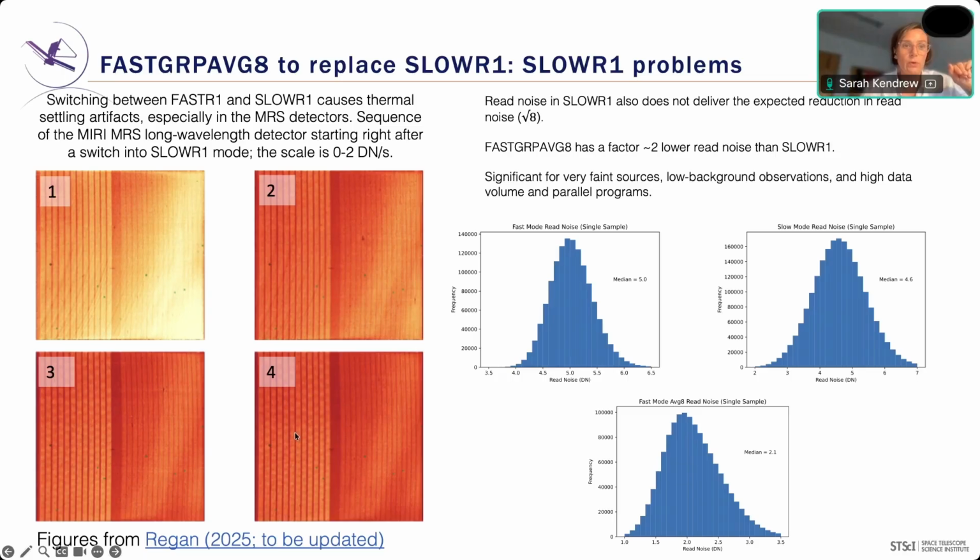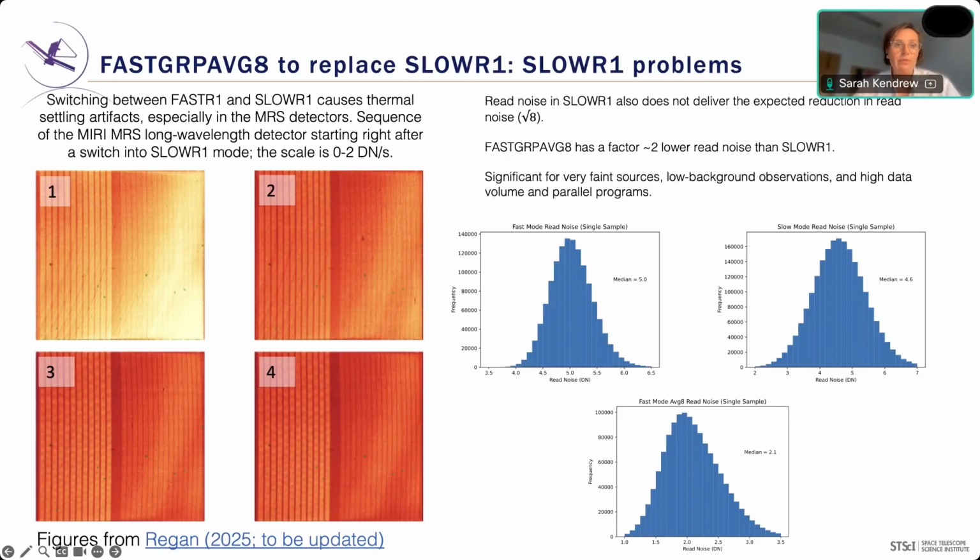These 4 images of one of the MRS detectors are a time series of that glow fading. Obviously that's something that we really didn't want. So we've only really been recommending slow R1 for data volume reasons, only if you really need to reduce data volume.